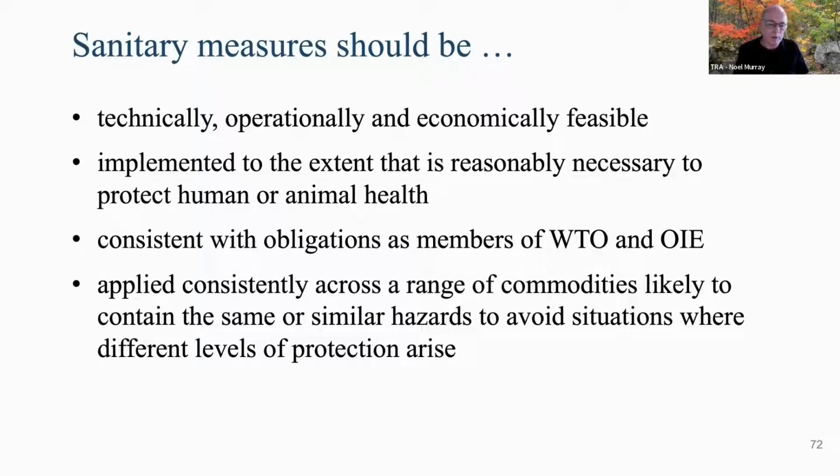So those ornamental fish may well have contained the hazard of interest. The risk pathway associated with ornamental fish wasn't being managed. There was an inconsistency with what Australia was doing in relation to prohibiting wild-caught Pacific salmon from Canada.